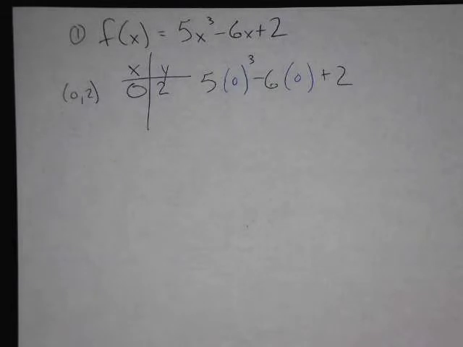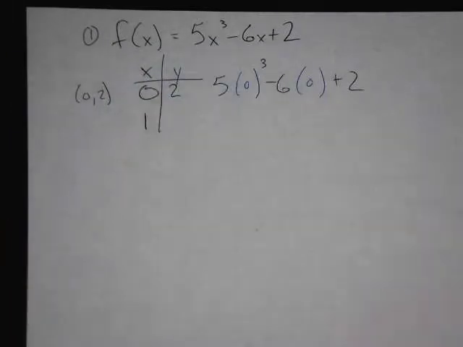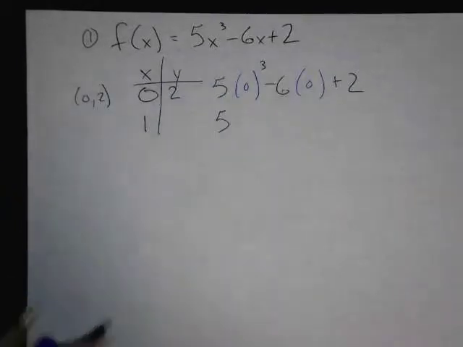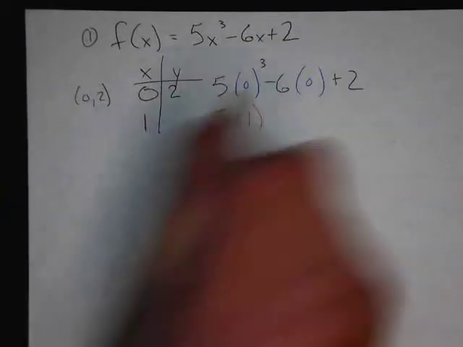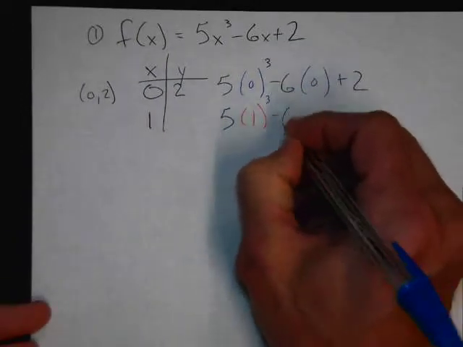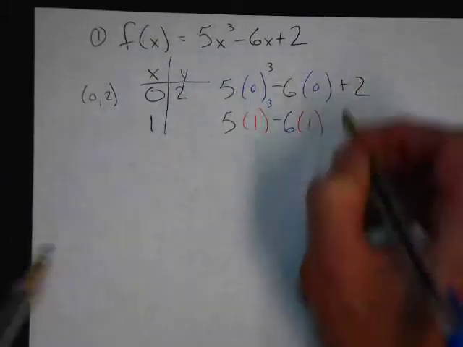All we need to do is find out another ordered pair. So let's do that. If we pick our value of x, we can choose x to be 1, and then we can use substitution. Right? 5 times 1 to the third power, and then minus 6 times 1, and then plus 2. Right?